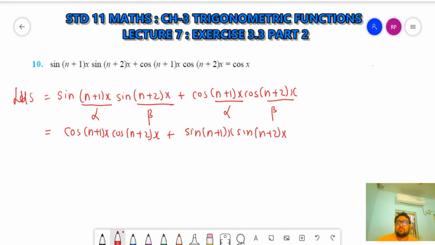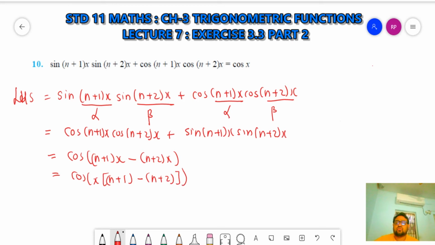Cos (alpha minus beta). Okay, so here I will write it down. This will be equal to cos of alpha, that is (n+1)x, minus beta, that is (n+2)x. In both cases x is common, so I get (n+1) minus (n+2).